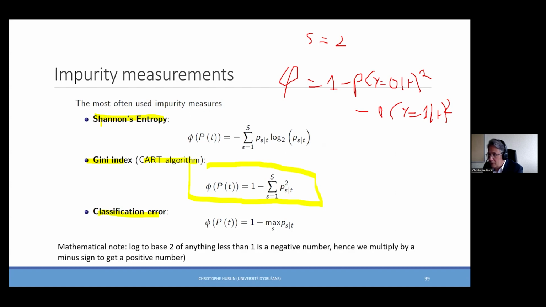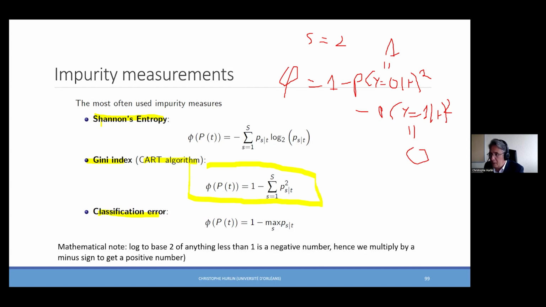If I have only 0 individuals, the probability to observe 0 is equal to 1 and the probability to observe 1 is equal to 0, and so phi is equal to 0.